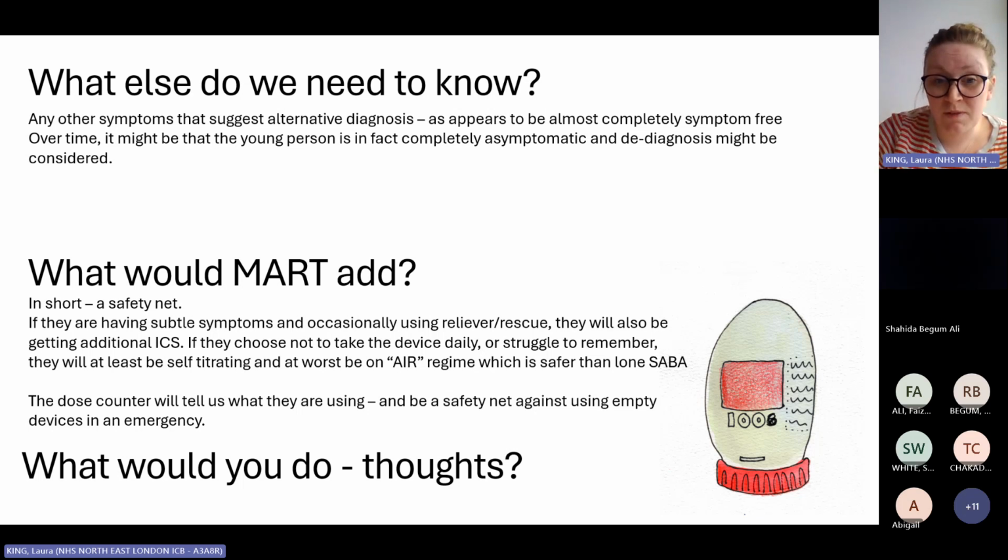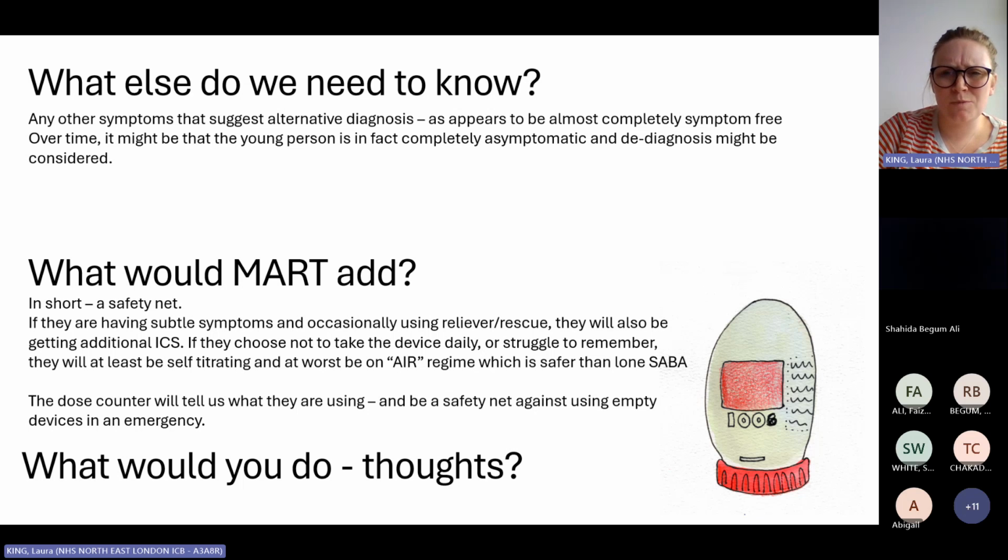We actually don't know if she needs a preventer at all. She's not reporting any symptoms, so we put her on AIR basically as a safety net, just in case symptoms recurred. It was a really interesting one, and this patient really made me eat my words, because I'd said to the pharmacist I sat with in primary care, oh gosh, I'm a bit cynical about AIR.